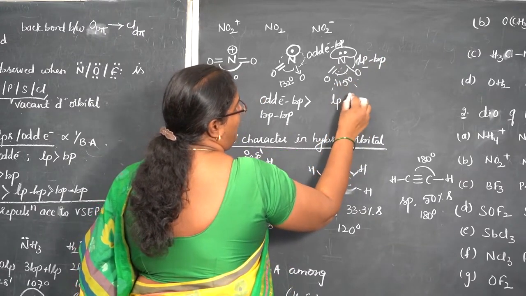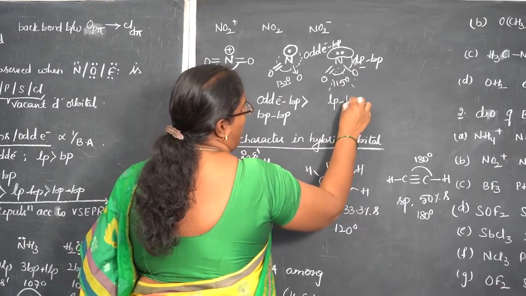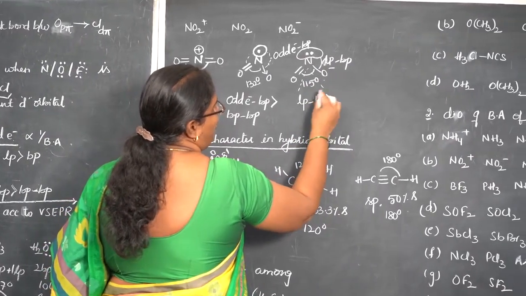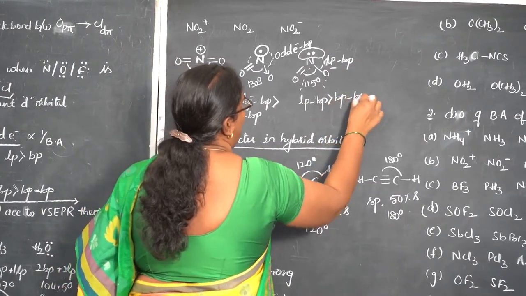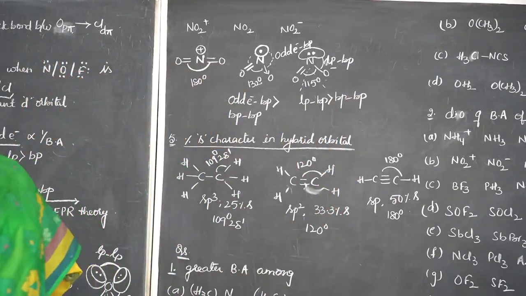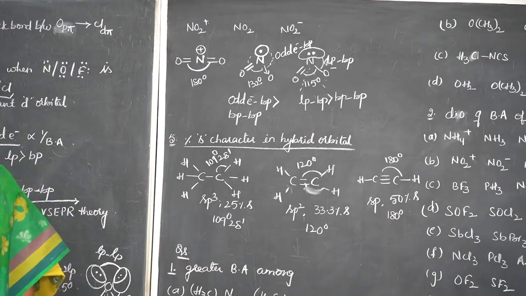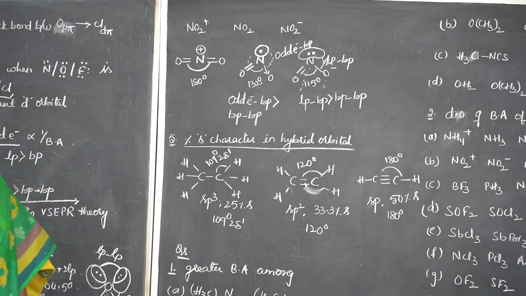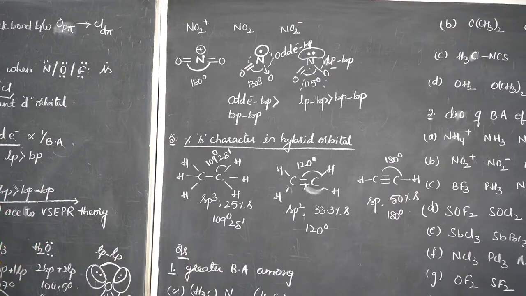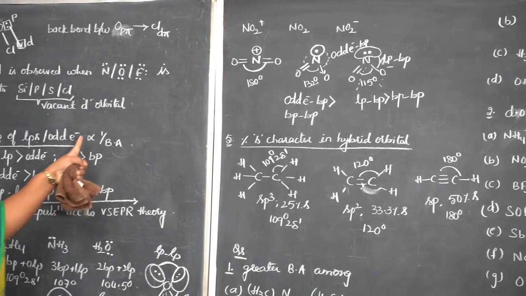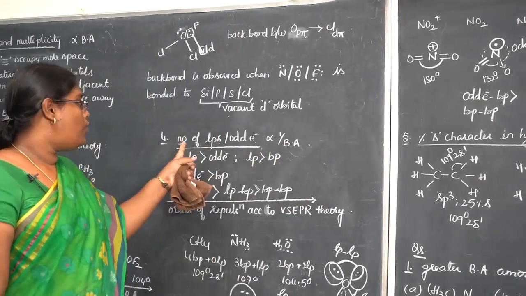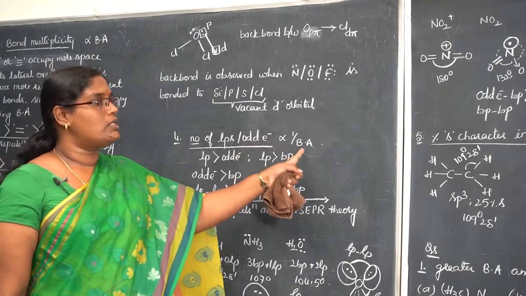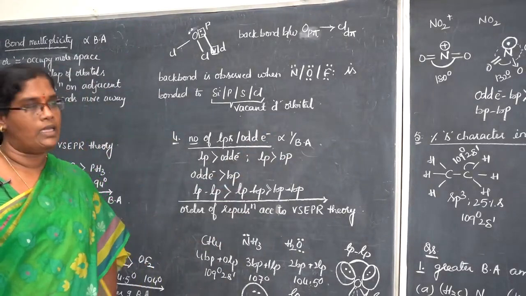In NO2 minus, the decrease in bond angle is because of lone pair bond pair repulsions, which are stronger than bond pair repulsions. On the whole, we can summarize that the number of lone pairs or odd electrons is always inversely proportional to bond angle.